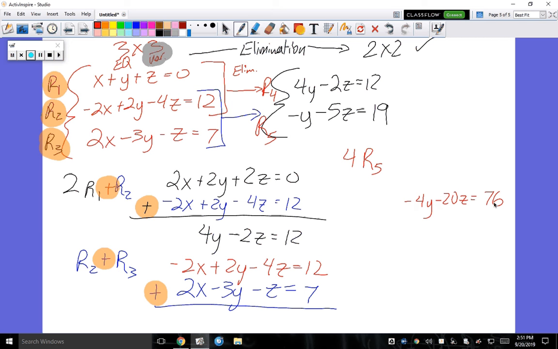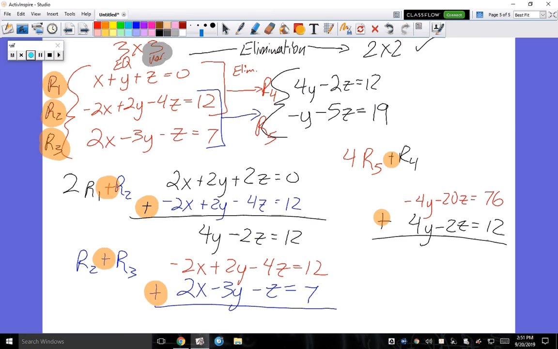Okay? What do I do to row 4? I'm just going to add it, but do I multiply it by anything? No. So it's just going to be plus row 4. So we would put 4y minus 2z, we get 12.